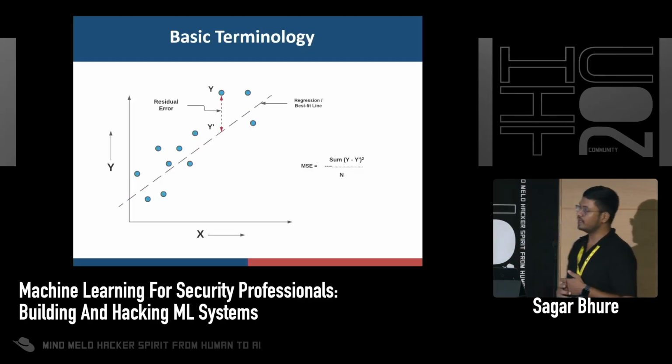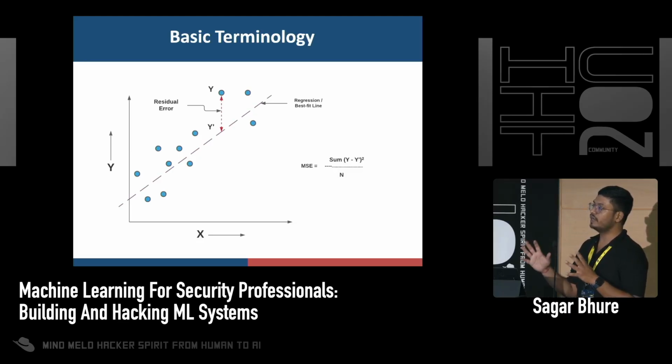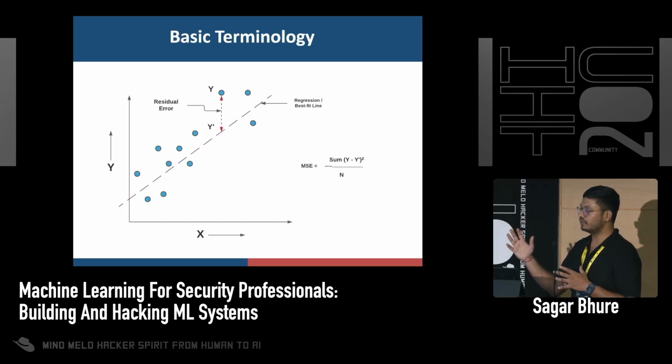This is one of the basic terminologies, coming back from our math class, called mean squared error. Assume that you have a graph with a lot of sample points, the blue ones, and you are trying to make a line, which is your prediction line.